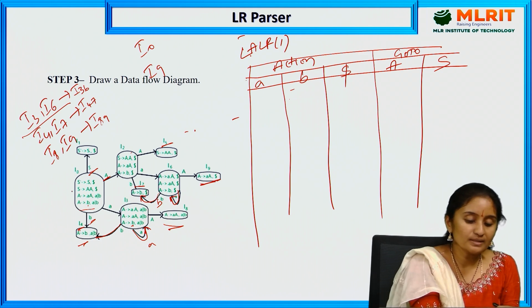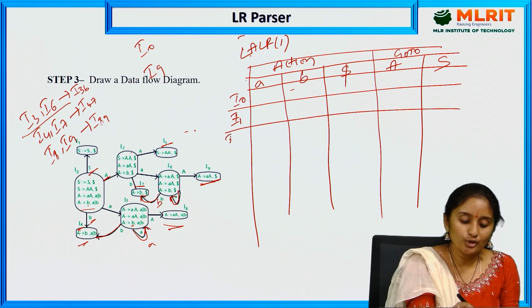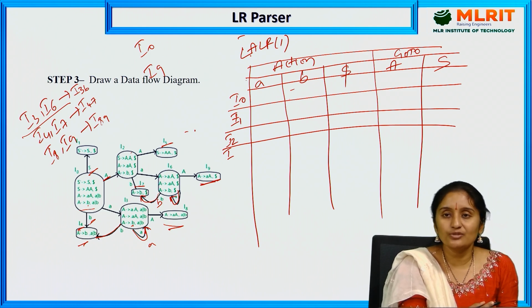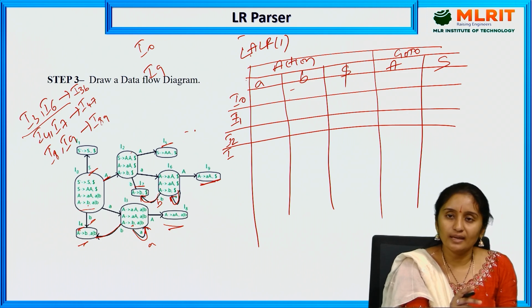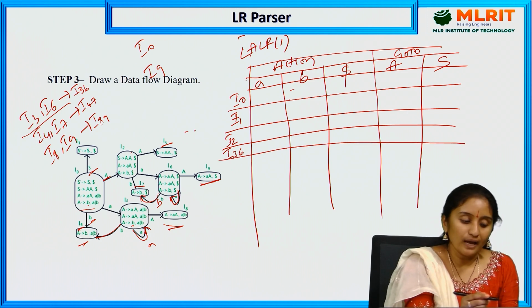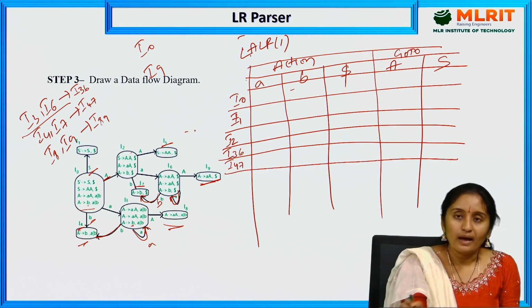So what are the states we have? I0, I1, I2, I3, I4, I5, I6. Here we are going to merge I3 and I6, so I directly write I36. I4 I can write as I47.